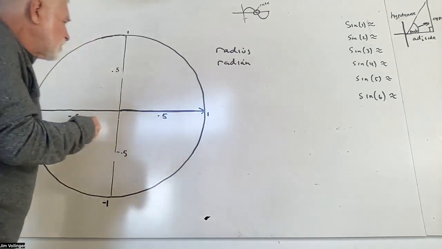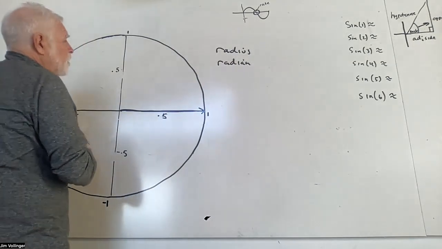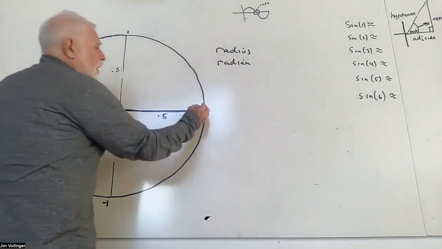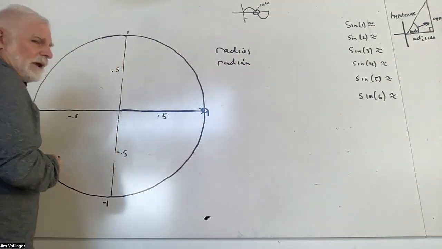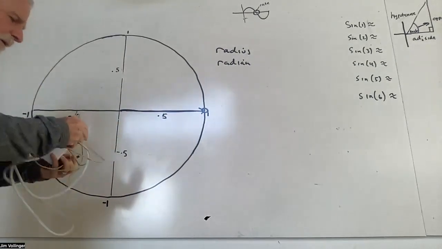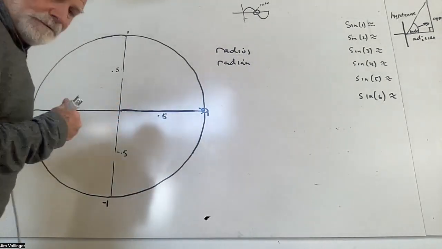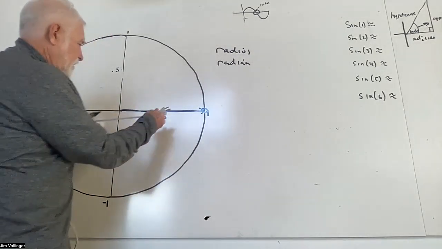So in a unit circle, we draw 1 radian. 1 radian is 1 radius distance as measured from here. I've got my trusty cord right here in the science cart. So here we go. Look at that.